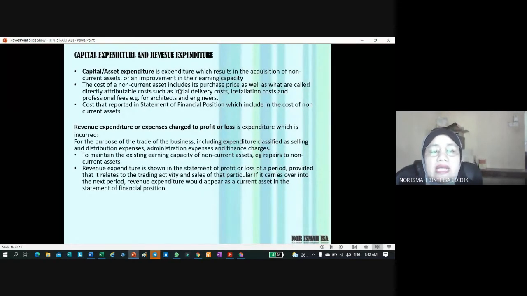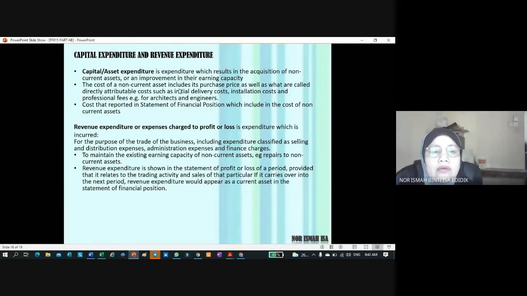For example, if the company bought a vehicle, as part of paying the cost of the vehicle, the company needs to pay for the road tax, for insurance, and what other, customs, what else? Yes.